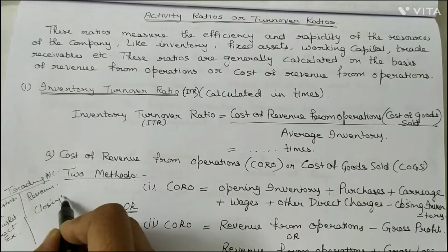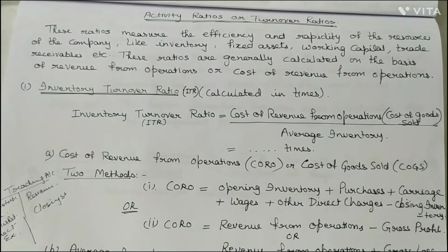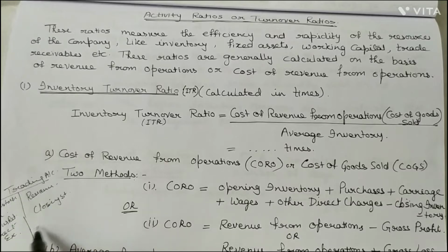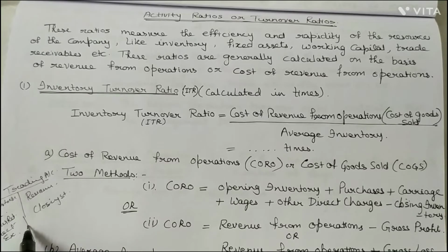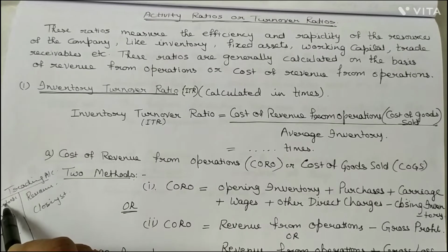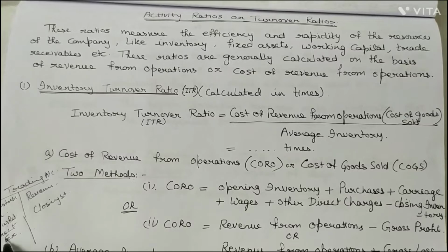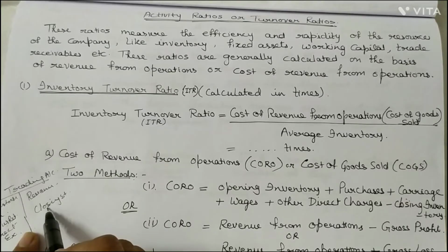Closing stock means closing inventory is given. So how will you calculate? If this information is given, then you calculate cost of goods sold like this: opening stock plus purchases minus purchase return plus direct expenses minus closing inventory.